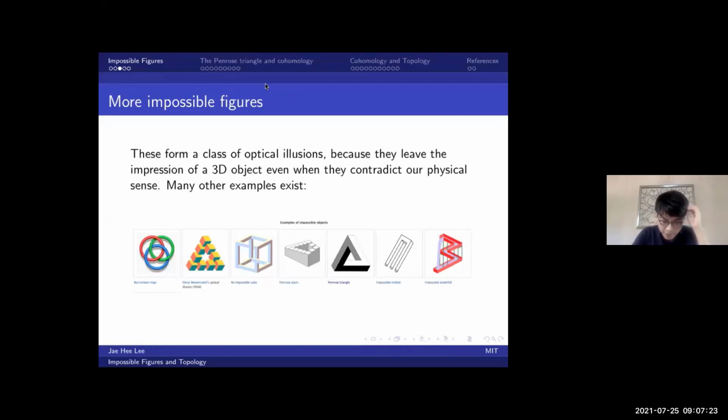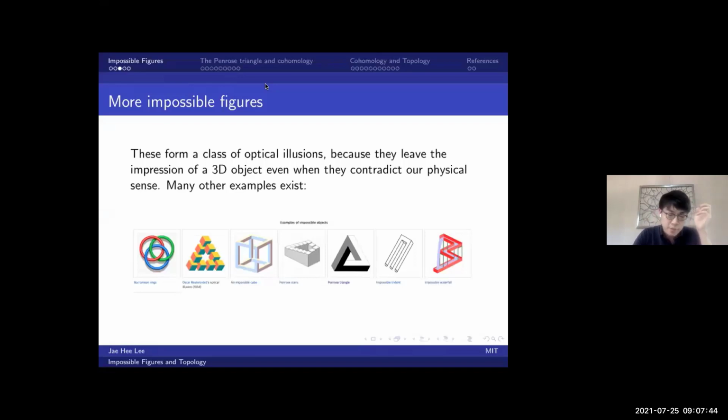The Penrose triangle is named after the mathematician Roger Penrose. He's the one who promoted this. In today's discussion, we'll follow a lot of his own exposition of the idea of impossible figures and how it connects to mathematics.